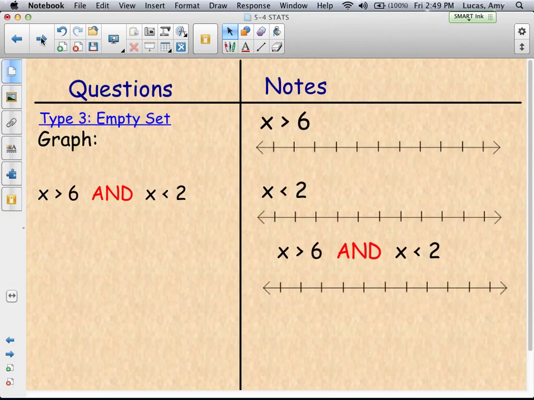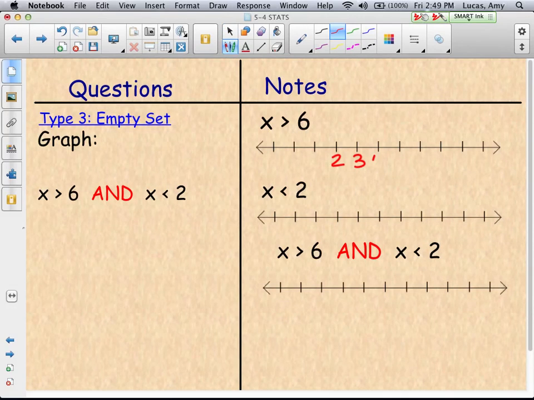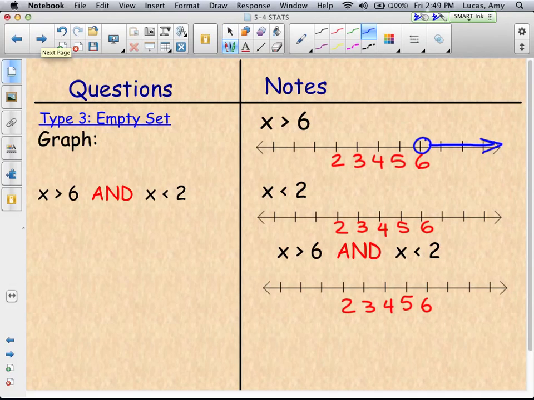And then the third one is an empty set. The reason that it's an empty set is that if you graph these, they do not overlap at all. So if my requirement is greater than 6 and less than 2, there are no numbers.